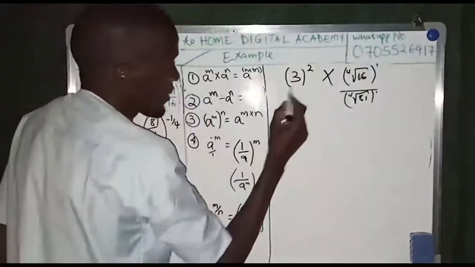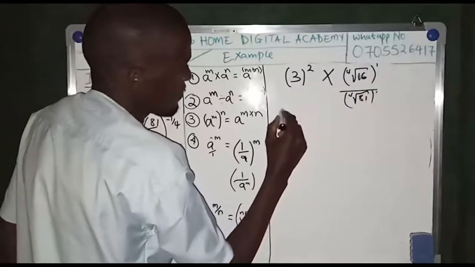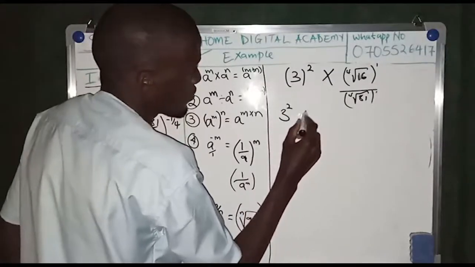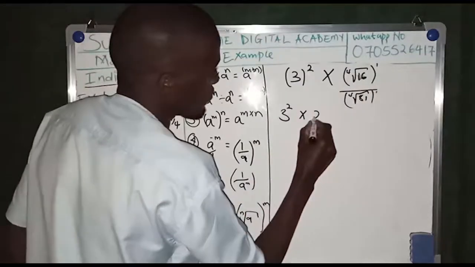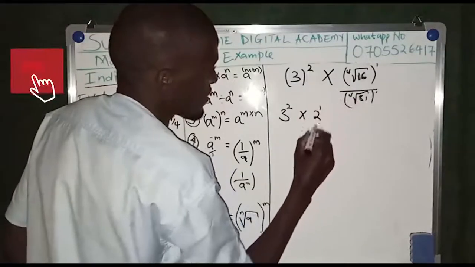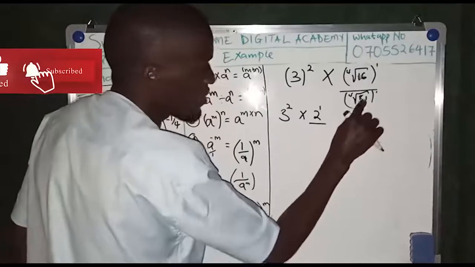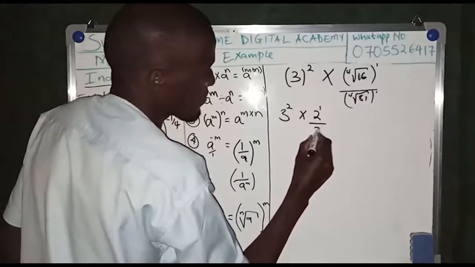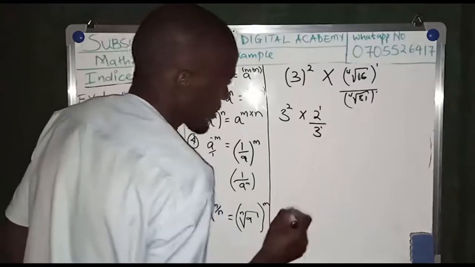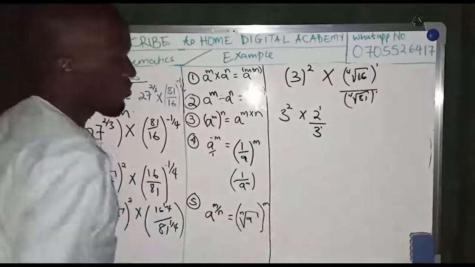Now, here we are going to be having a 3 to power 2 times the 4th root of 16. If you press a calculator, we'll get a 2. Then there's a power 1 there. Then divide by the 4th root of 81. Press a calculator to be a 3. Then to power 1, like that.